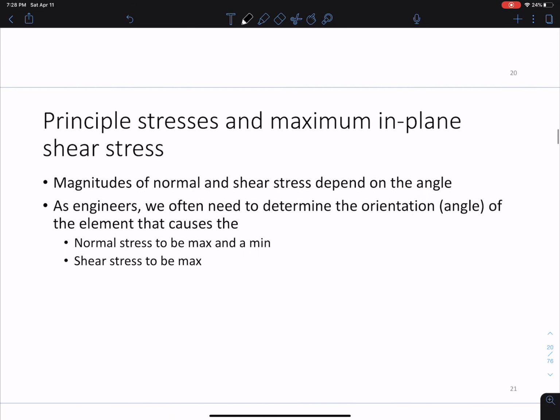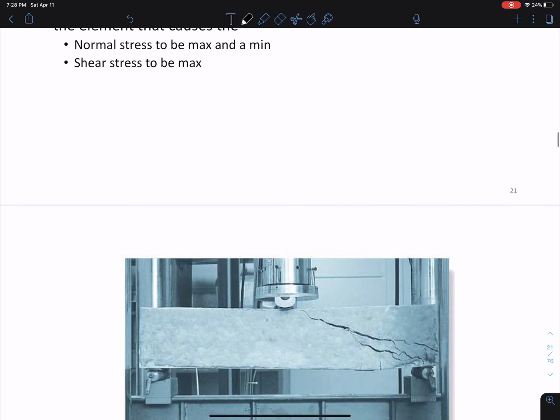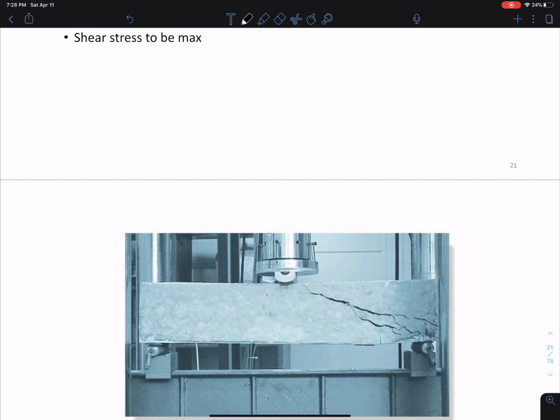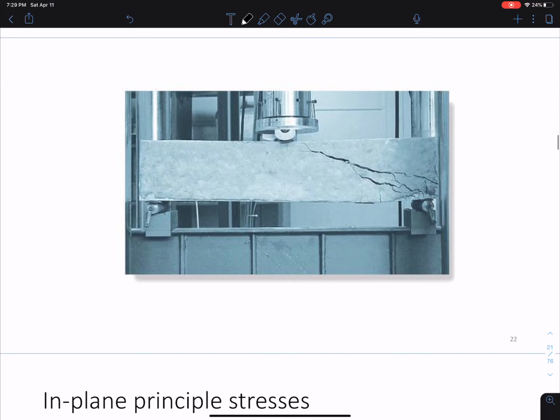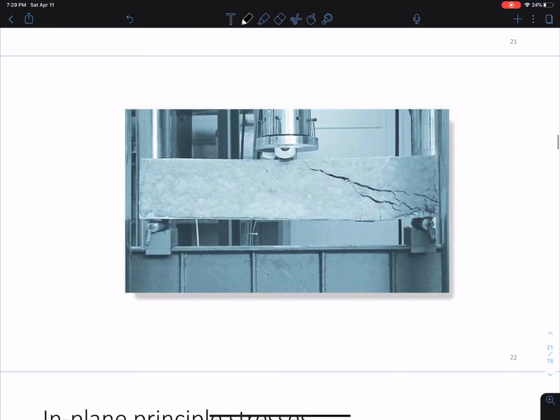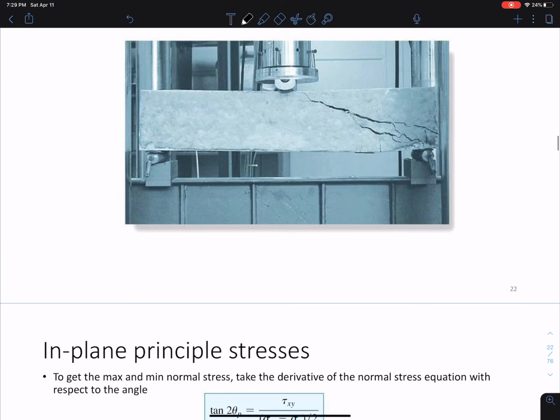That's what predicting these angles will tell us, and the principal normal stresses that cause them. So these are super important formulas. These are practical applications that you will be using as an engineer if you go into structural analysis. They're not something that's totally theoretical; just looking at this image, you can see there's a practical application to this.